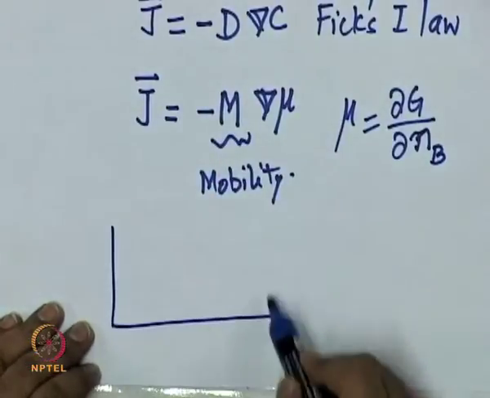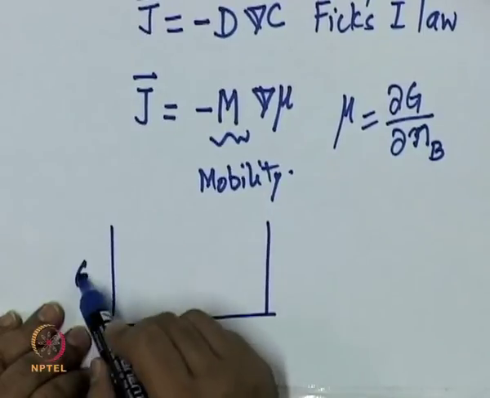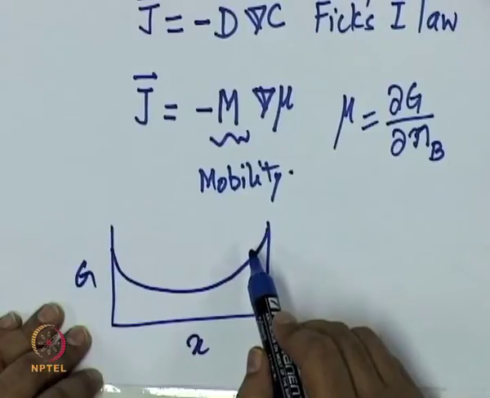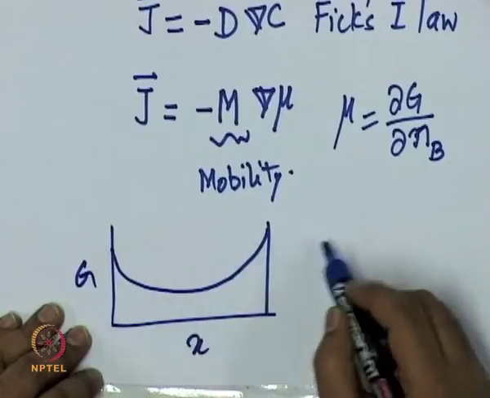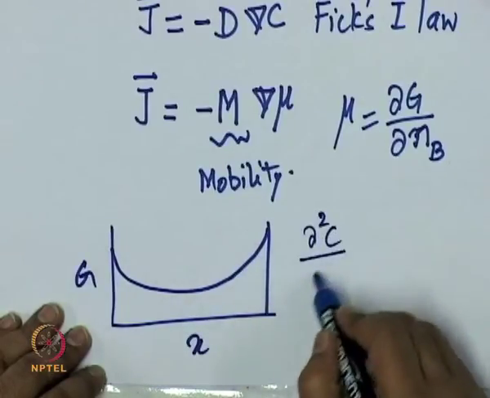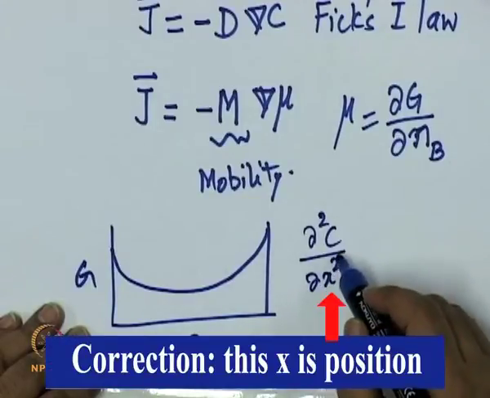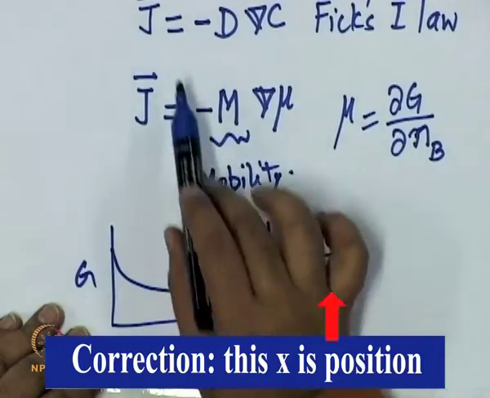So, what I am indicating is that if you have a free energy versus composition curve which has positive curvature, then only the sign of the concentration profile matters as far as atomic flux is concerned.